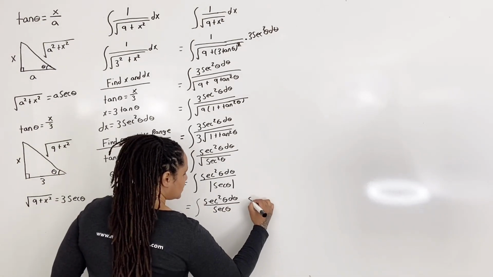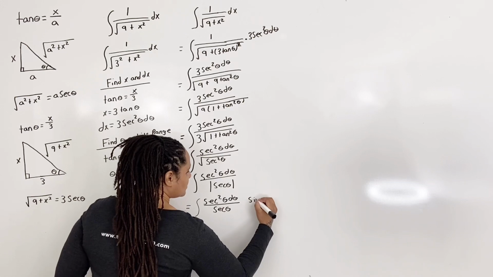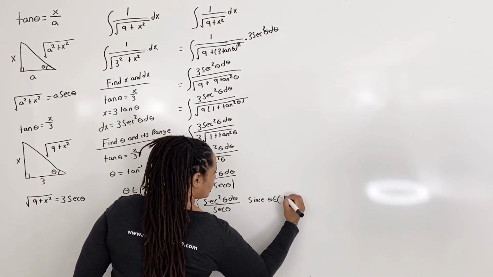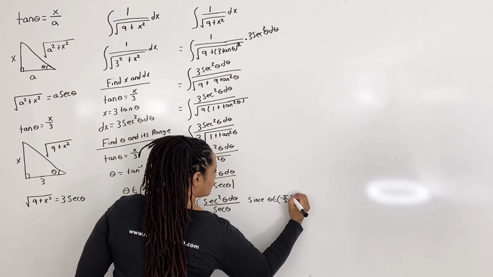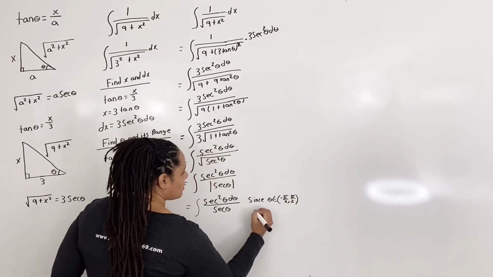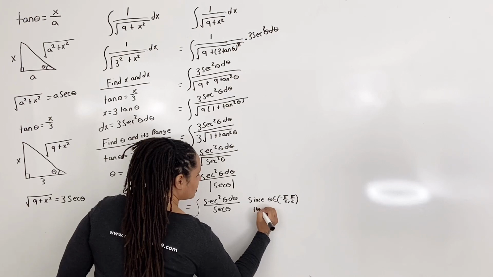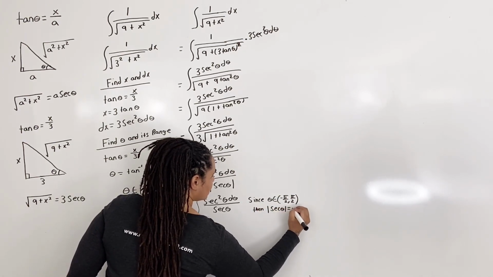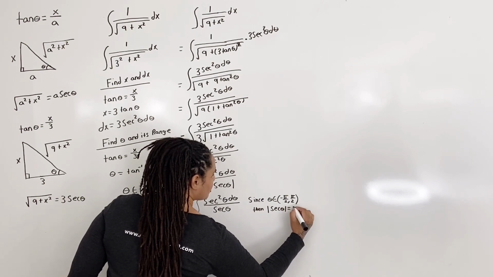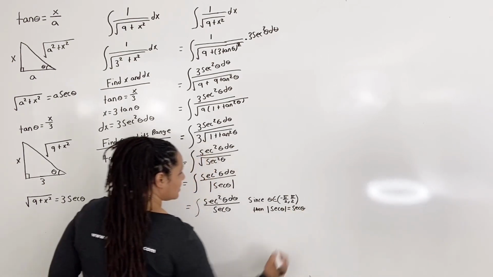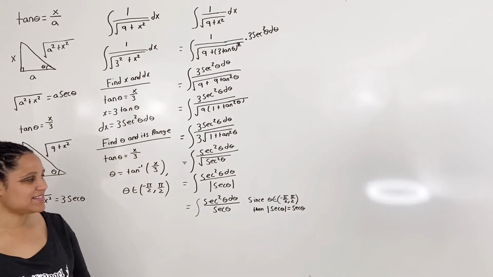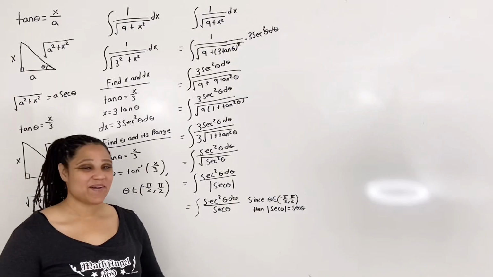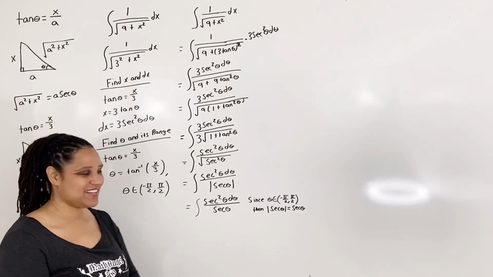And we say this because since theta belongs to negative pi over 2 to pi over 2, this interval here, the absolute value of secant theta is equal to secant theta, because secant theta is always positive in this interval. So now I can cancel the numerator and the denominator.